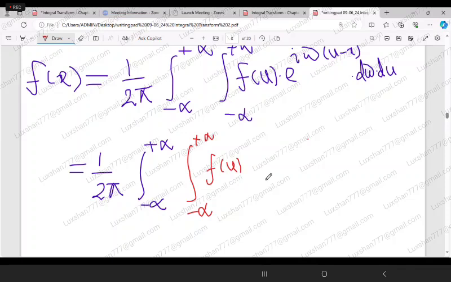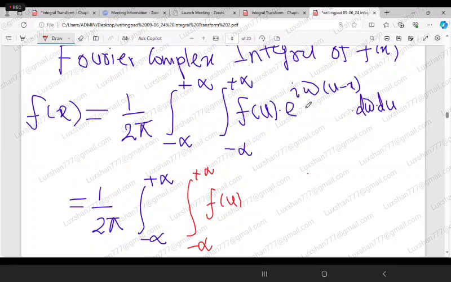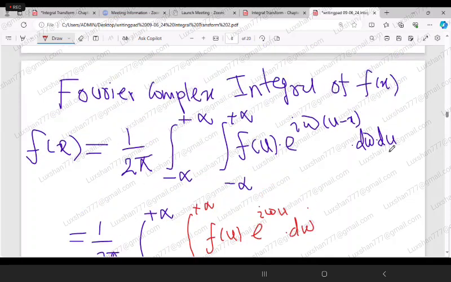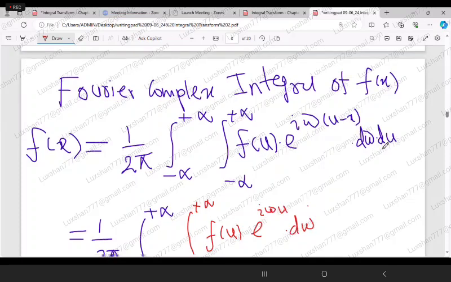Using the laws of indices, I can write it as e to the power i omega u into d omega, because I'm changing the order of this integration.